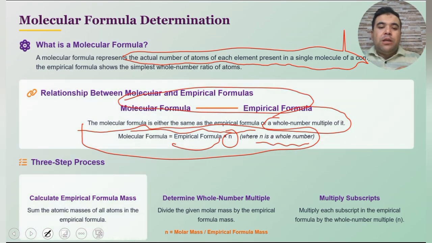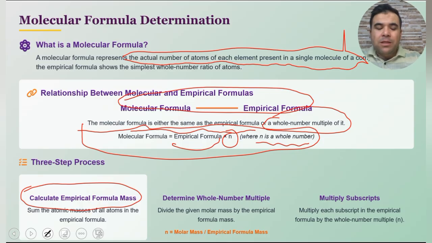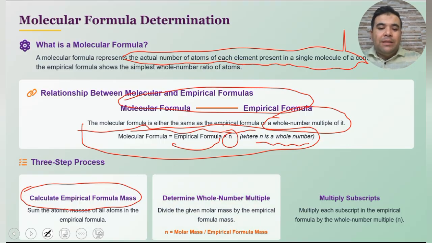The steps should be followed. There are three steps, guys. First of all, we should calculate the empirical formula mass, the molar mass of the empirical formula, which should be given in the question. And then determine the whole number multiple by this equation, guys. This is the equation to calculate the n.